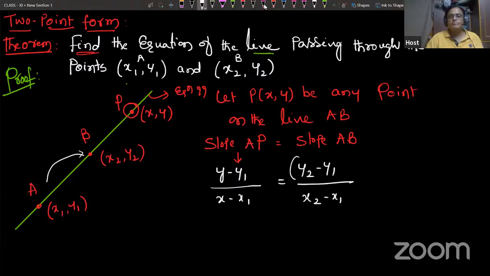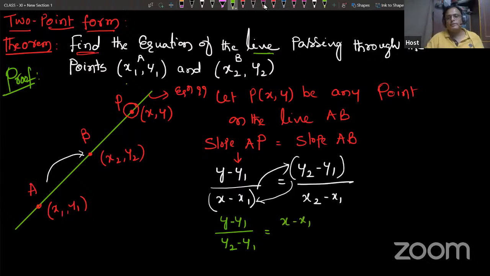Y2 minus y1, I'll shift it here, and x minus x1, I'll shift it here. By cross multiplication, what do you get? Y minus y1 upon y2 minus y1, because all y terms I'm writing on one side, and x minus x1 upon x2 minus x1.